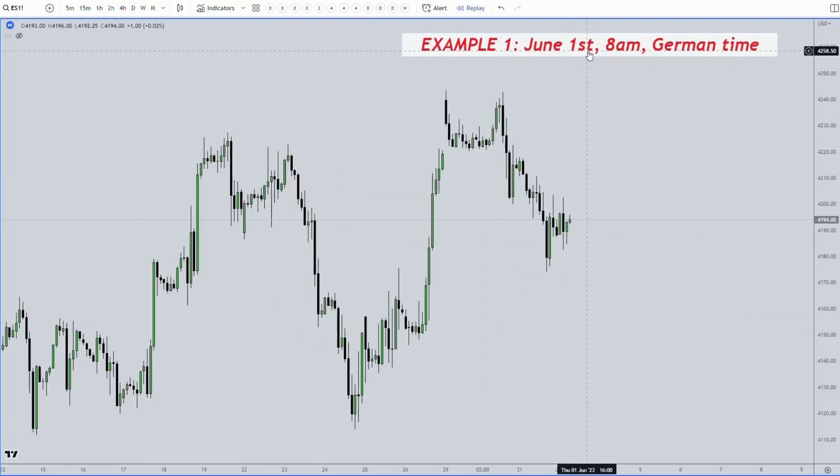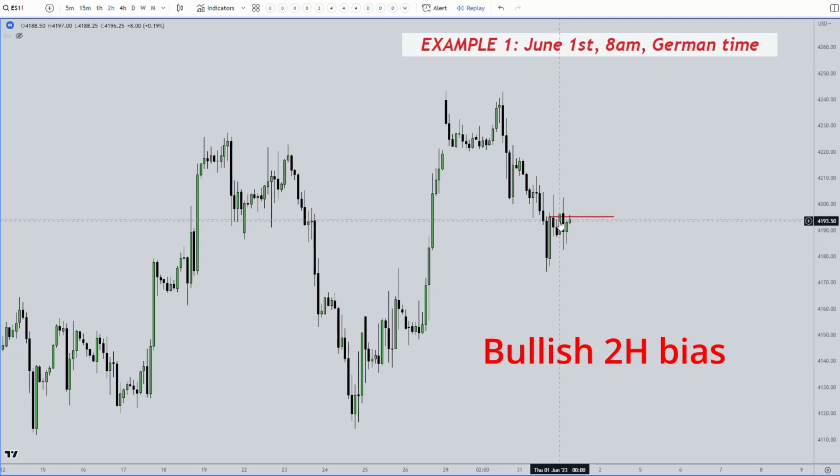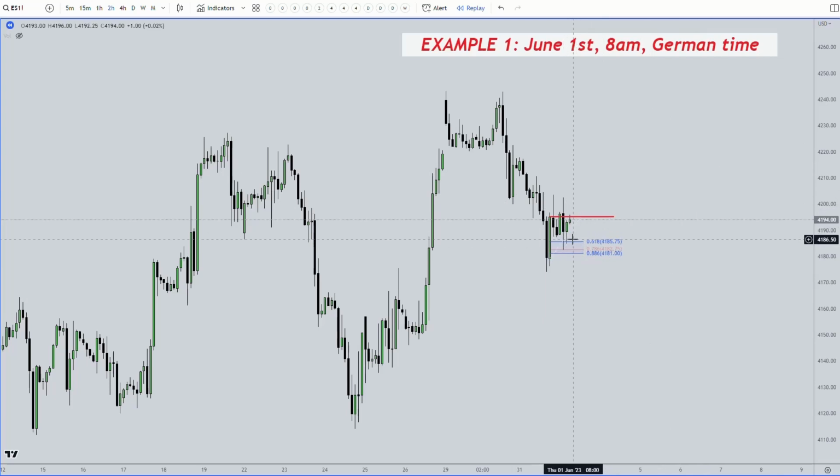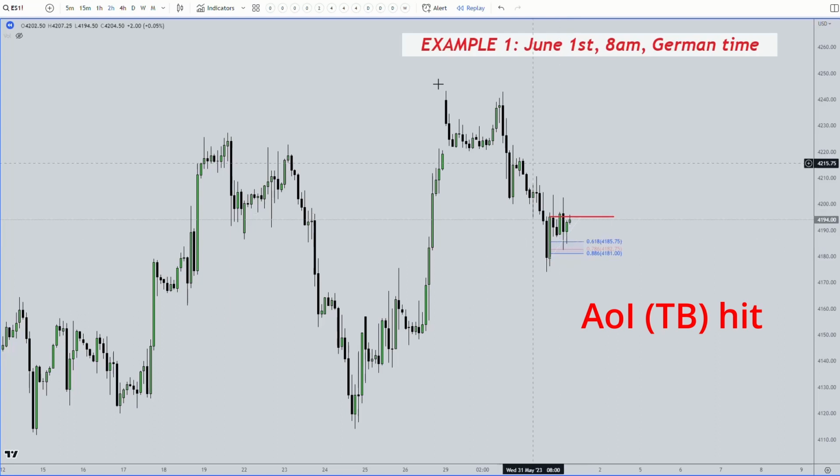Jumping back to the 1st of June, 8 o'clock German time, when you potentially would have performed your daily trading routine, you first of all obviously would have realized that yes, the trend on the 2-hour had been broken to the upside, so bullishly. Secondly, you also would have realized that price had entered back into your area of interest.